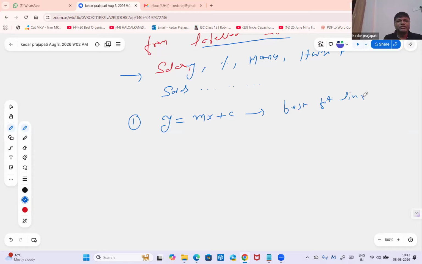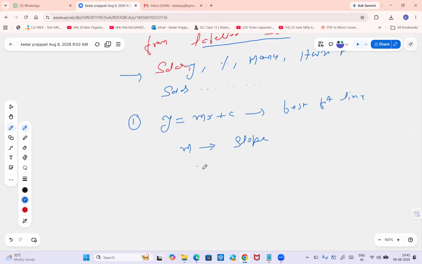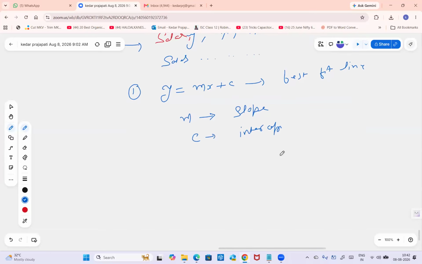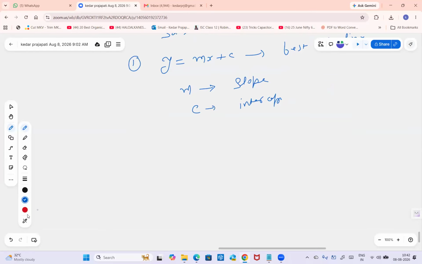Can someone please tell me what is m and what is c here? M is slope. C is intercept. Now let us see what is slope and what is intercept.